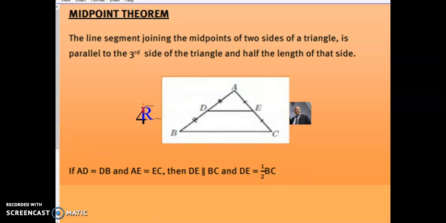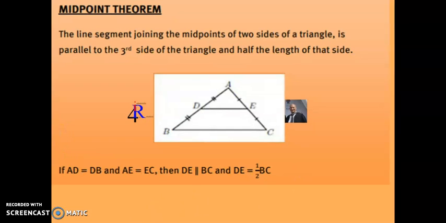This brings us to the midpoint theorem. This theorem states the line segment joining the midpoints of two sides of a triangle is parallel to the third side of the triangle and is half the length of that side.